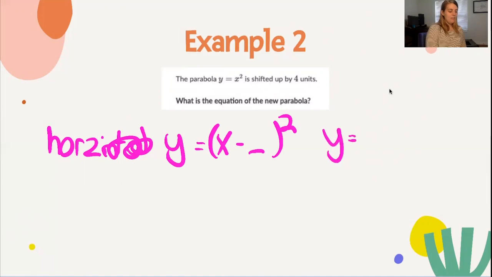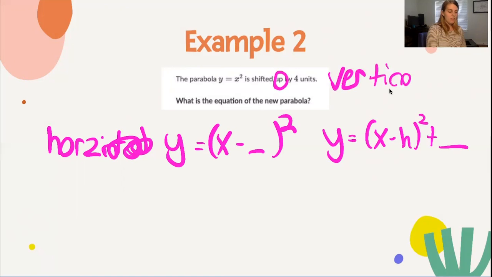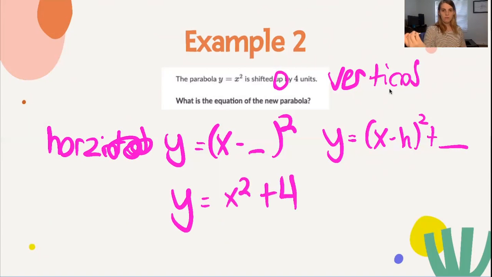If it's happening vertically, then it's going to go on the outside of the parentheses. So when this says we're moving up, that tells me it's vertical. So the equation becomes y equals x squared plus 4.